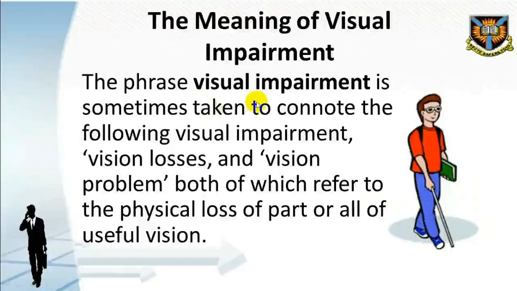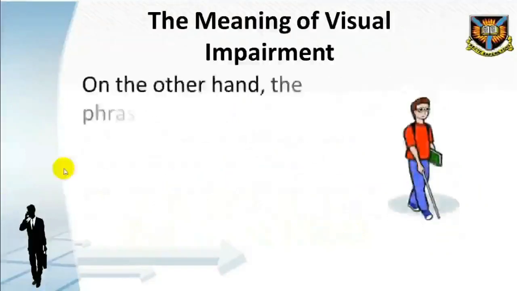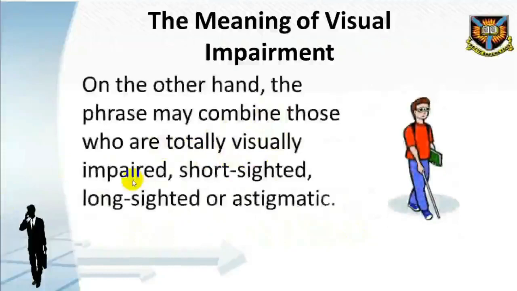The phrase visual impairment is sometimes taken to connote vision loss and vision problems, both of which refer to the physical loss of part or all of useful vision. On the other hand, the phrase may combine those who are totally visually impaired, short-sighted, long-sighted, or astigmatic.